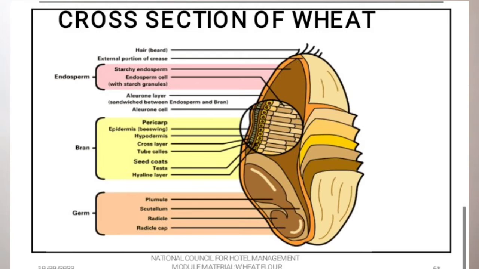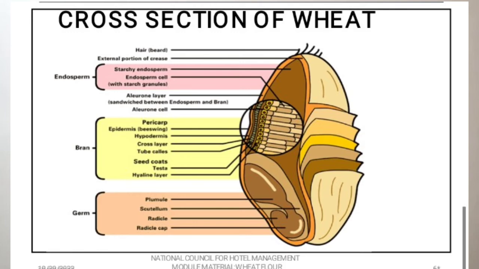And the sixth layer is aleurone cells, which has an enzyme called protease, which has a softening effect on flour protein. Germ is made up of four parts. They are plumule, scutellum, radicle, and radicle cap.